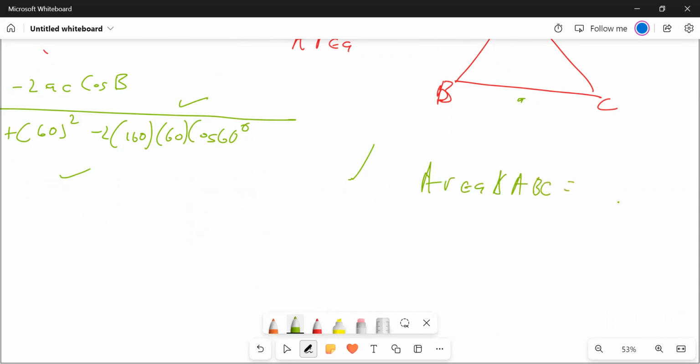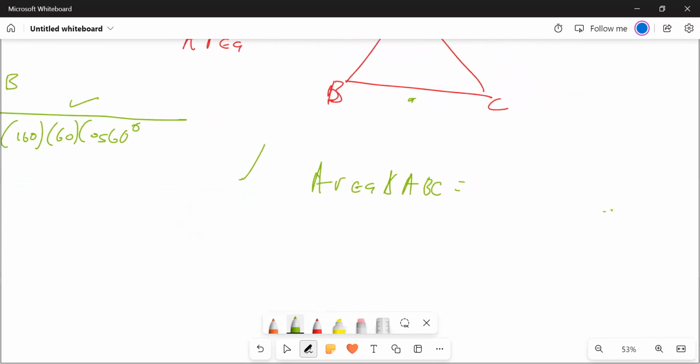The area of triangle ABC can be given by half b multiplied by c multiplied by the sine of A. This is one way in which you can do it. Another way you can get the area of triangle ABC is half multiplied by a multiplied by c multiplied by the sine of B.